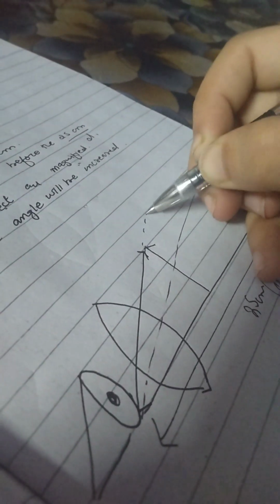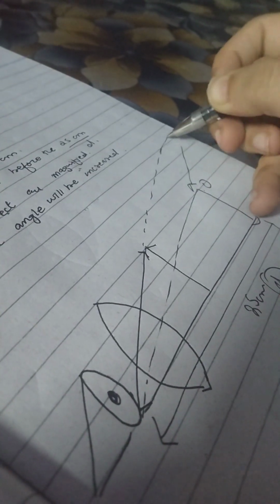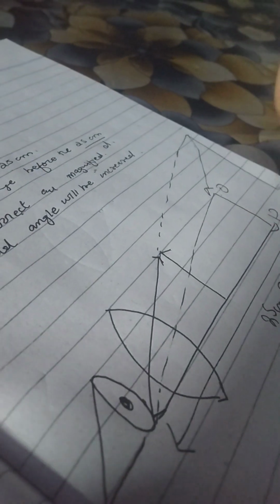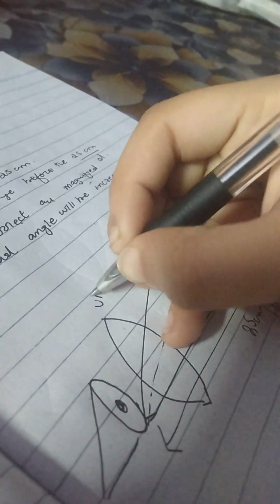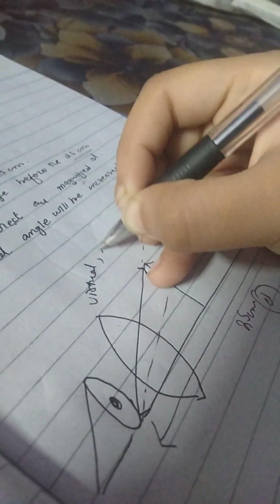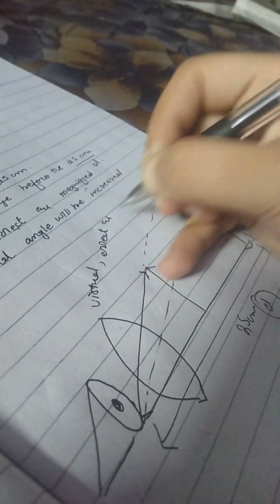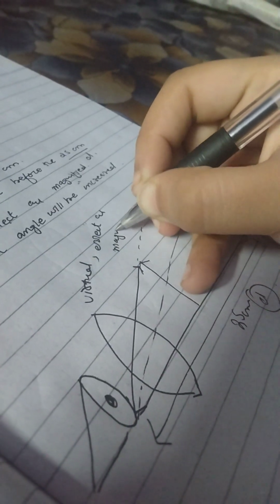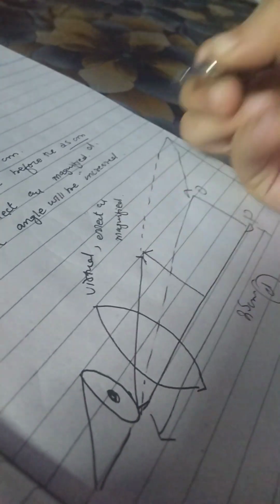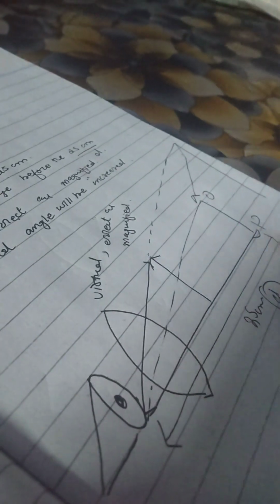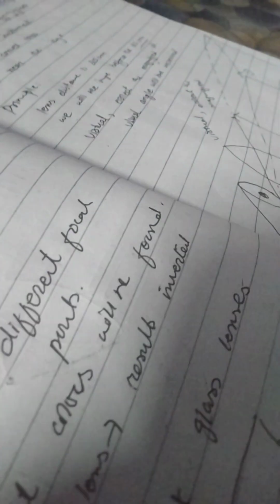So here these both lines will meet. So here you can see the image will be virtual, erect, and magnified, right?